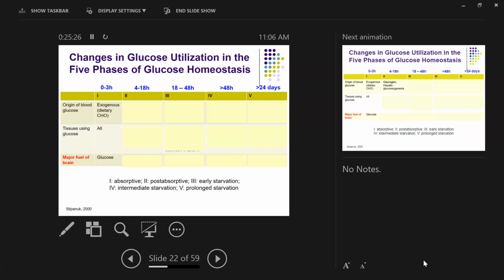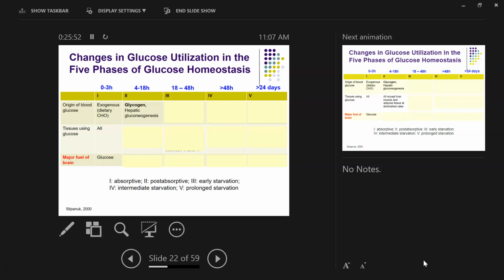We just talked about it in the last slide. From which, of course, is not from diet, right? Starvation. So from the stored energy, yeah, glycogen, yes. Okay, glycogen. So hepatic glycogen, also hepatic gluconeogenesis.